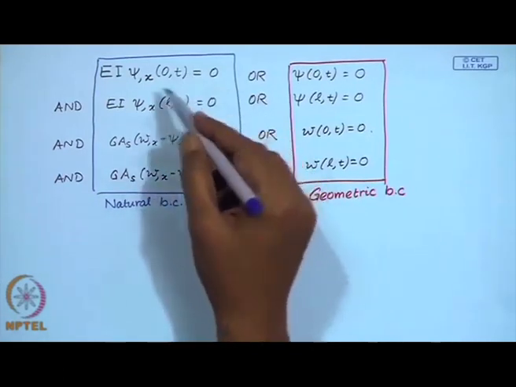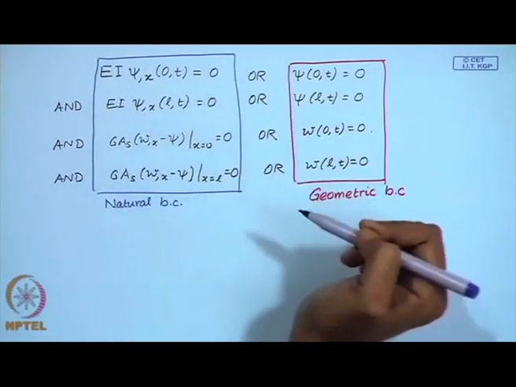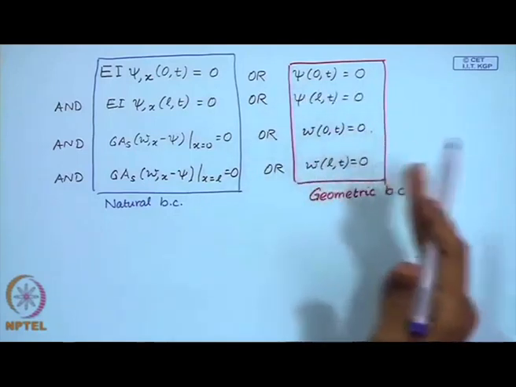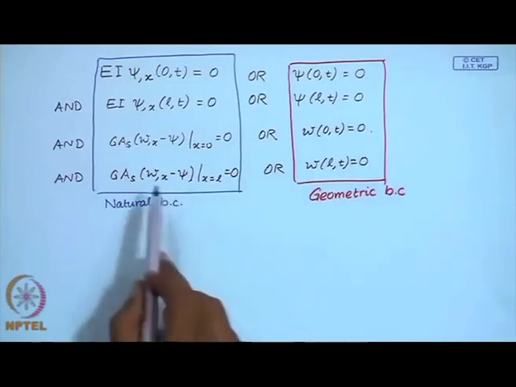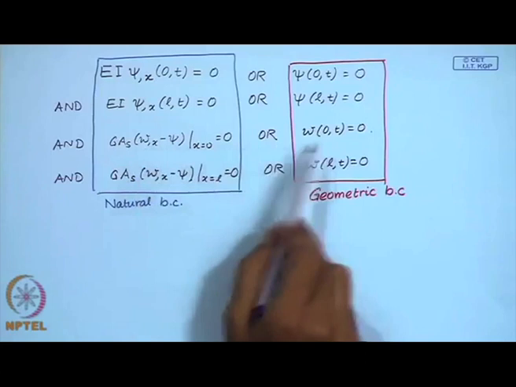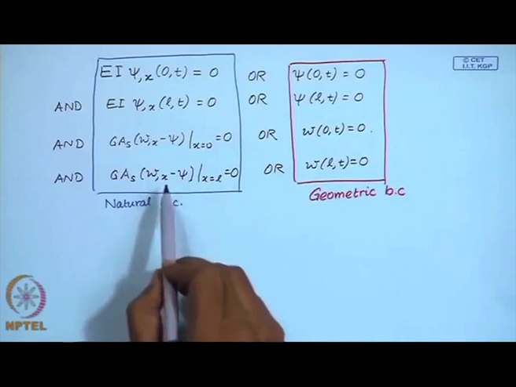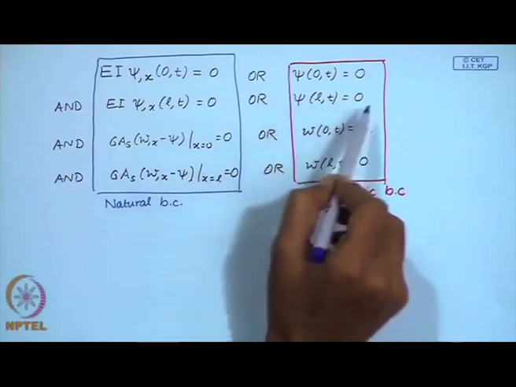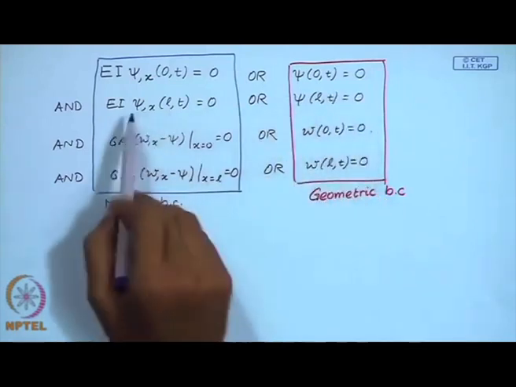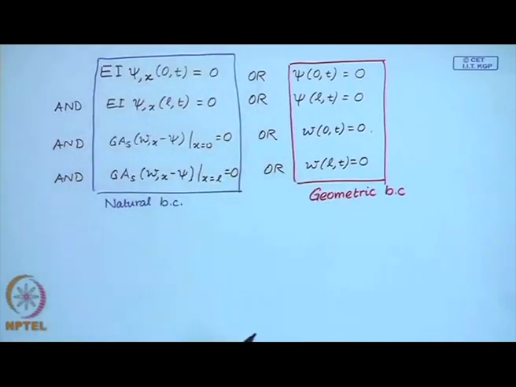So, these are conditions on the bending moment or the shear force, etc., and these are on the boundary, the angle, the rotation or the transverse deflection, and these are conjugate, one is the conjugate of the other. So, the deflection is a conjugate of the shear force. Similarly, this angle, rotation angle, is conjugate of the bending moment. So, they come in OR, and so these are the possible boundary conditions we have.